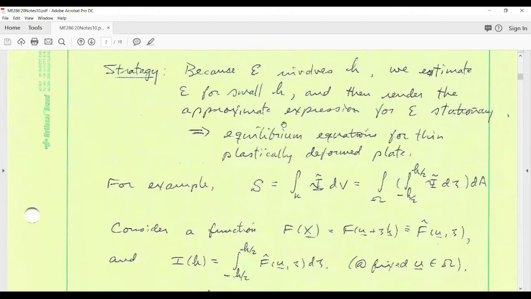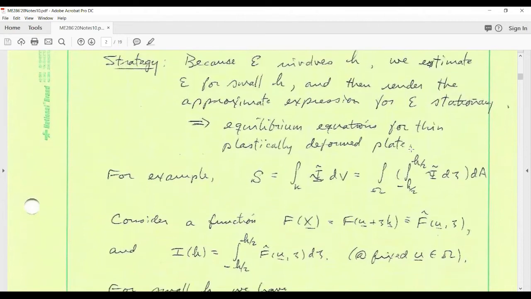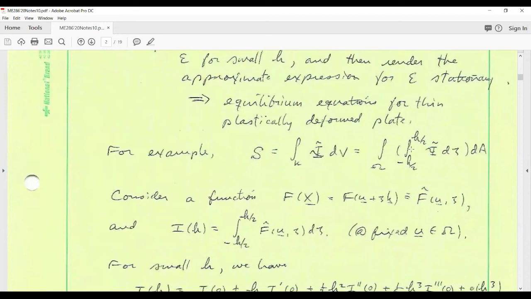And that will give us the equilibrium equations for a thin plastically deformed plate, associated with a given value of plastic deformation. So for example, if you just look at the strain energy, the part of the potential energy involving the strain energy, I'll call it a calligraphic S here, is the volume integral of the three-dimensional referential energy density.